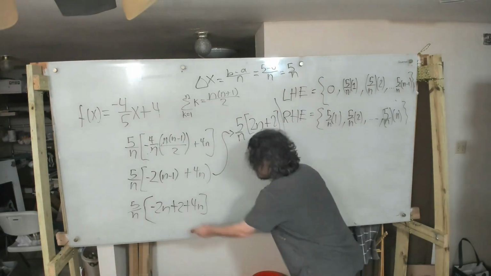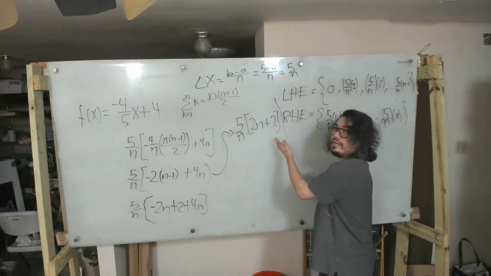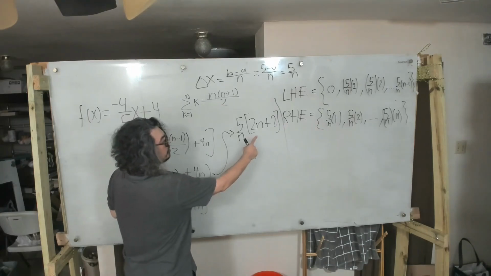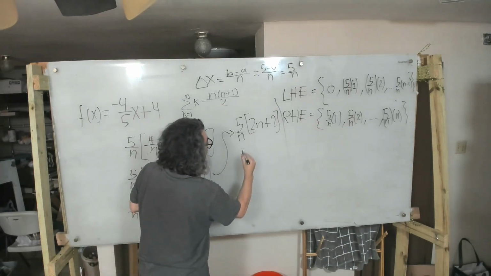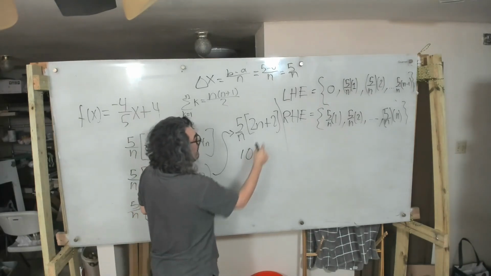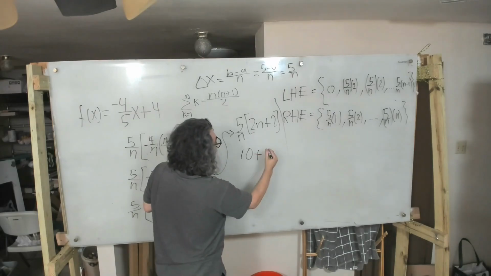Because of this 2 in the middle. And then we can now distribute in the 5 over n. 5 over n times 2n, the n's will cancel, we'll be left with 10. And then 5 over n plus 2, right? Or 5 over n times 2 is plus 10 over n.